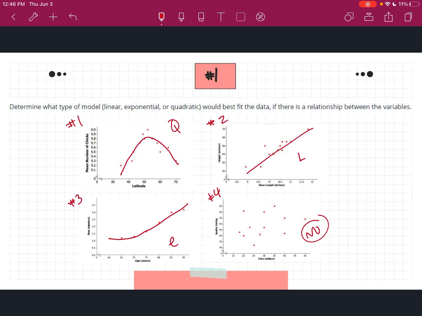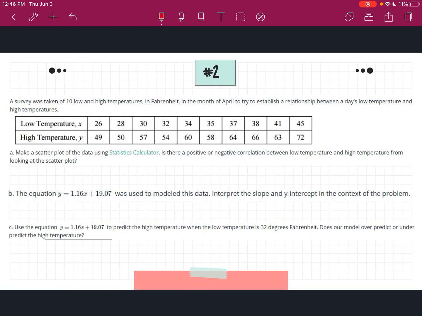All right, number 2, a survey was taken of 10 low and high temperatures in Fahrenheit in the month of April to try to establish a relationship between a day's low temperature and high temperature. Make a scatter plot of the data using your statistics calculator. Is there a positive or negative correlation between low temp and high temp from looking at the scatter plot?